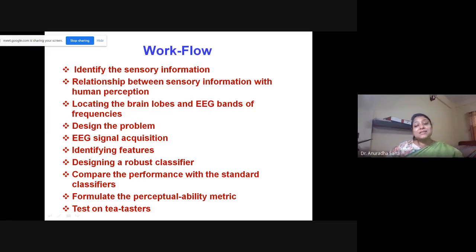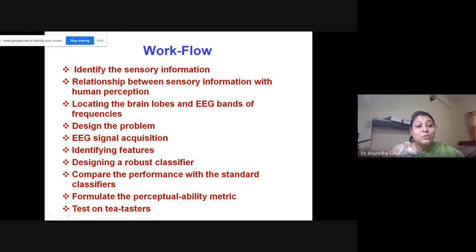Because as you can see, all tea tasters are humans, right? So all those sensory information must be processed by some human persons. So these humans must have some kind of perception, or must be able to perceive that sensory information, so that he or she can process it further using the brain computer interface.